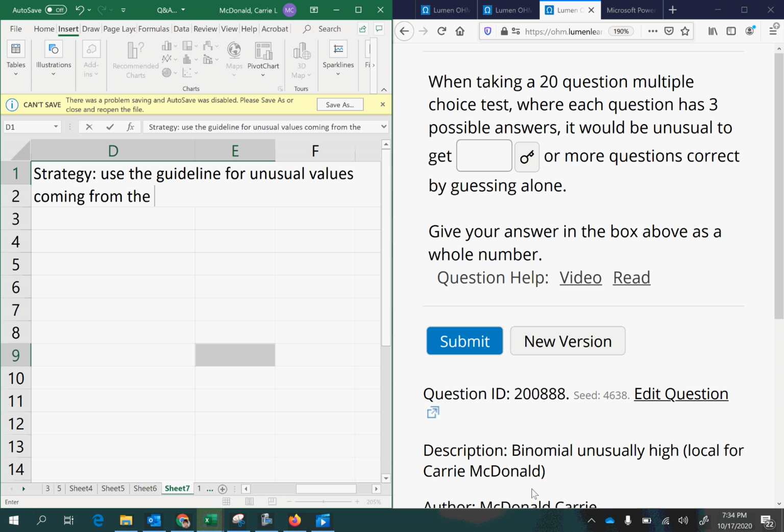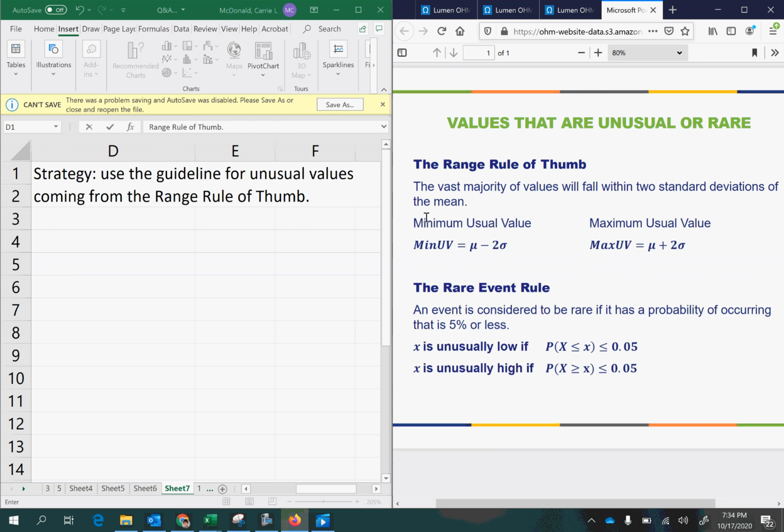The range rule of thumb asks us to consider the fact that 95%, the vast majority of values, will fall within 2 standard deviations of the mean. So if I start at the mean and subtract 2 standard deviations, that's a cutoff point. And if I start at the mean and add 2 standard deviations, that is also a cutoff point. So that is what we're doing here.